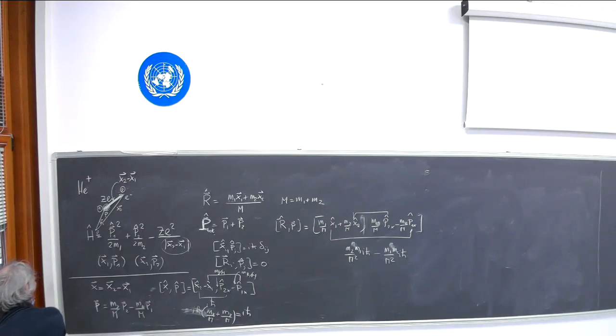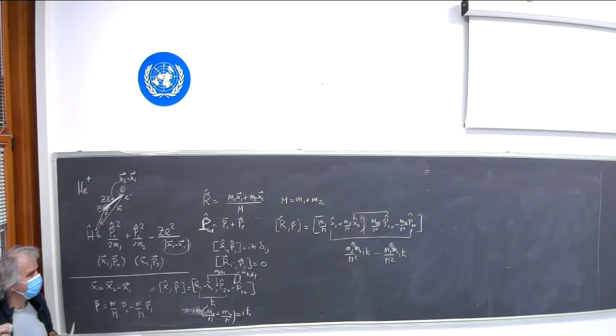So in canonical coordinates, the commutation of the coordinate and the momentum is 0, while in relative coordinates it's not 0. In relative coordinates you get i h bar delta ij, while in canonical coordinates you get 0 for the commutation.